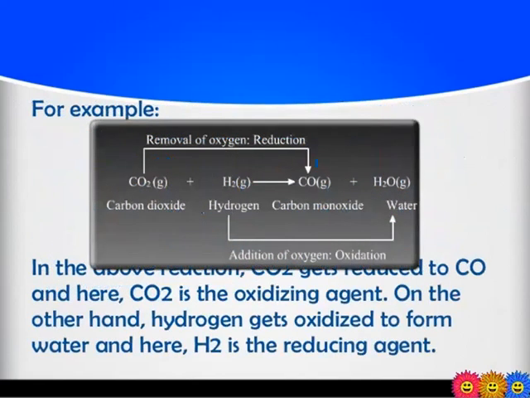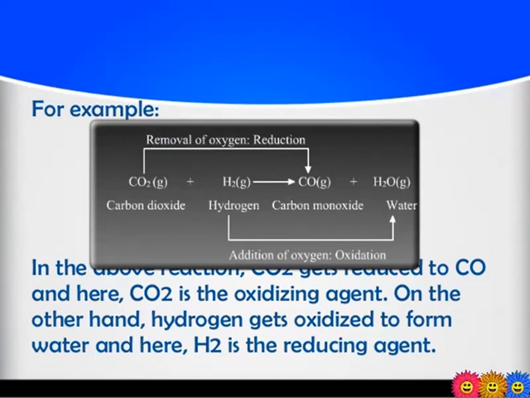For example, carbon dioxide reacts with hydrogen to form carbon monoxide along with water. We can see carbon dioxide loses one oxygen atom to form carbon monoxide. Removal of oxygen means it is being reduced.